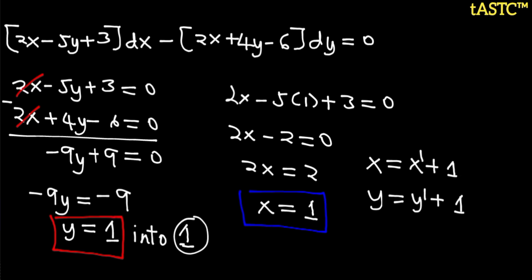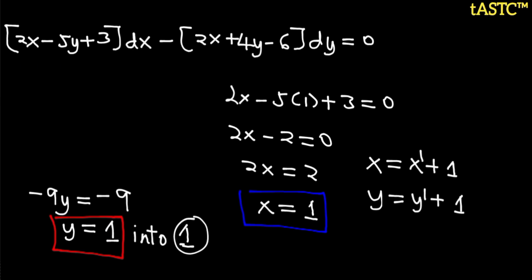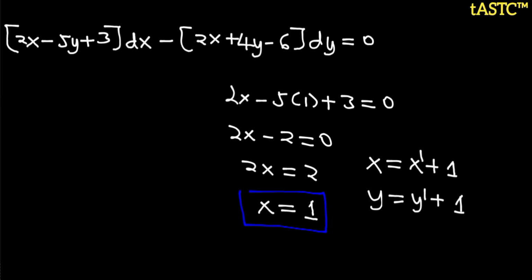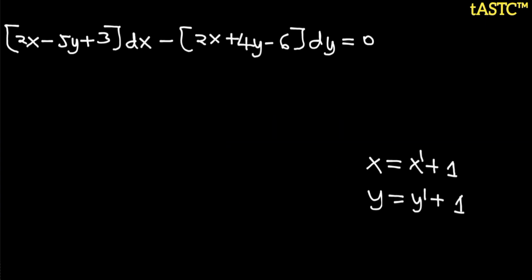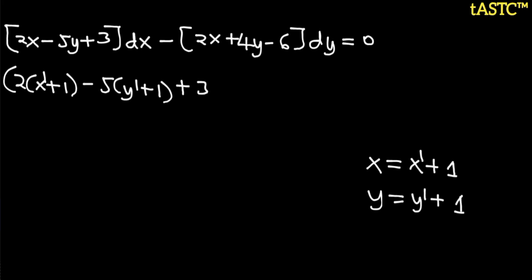So that will be the next thing to do. So let us plug that back. That is going to give us 2, and x is x plus 1. That is x prime plus 1. And we have minus 5 multiplied by y prime plus 1, and this is plus 3 dx.